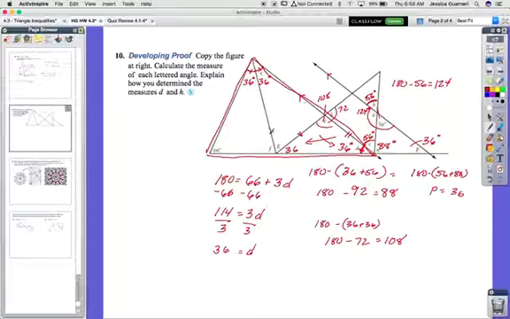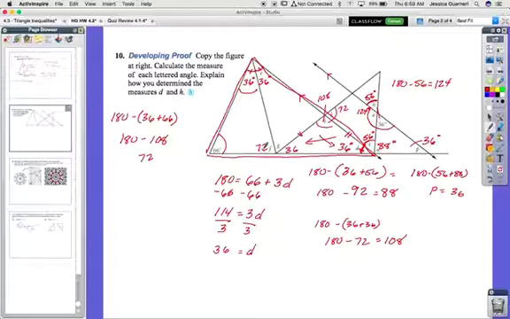Now, let's worry about this guy. Okay, so I've got a 36 here and a 66 here. So to get F, I'll do 180 minus 36 plus 66. So that's 180 minus 108. I've already done that somewhere, right? So that's 72. So F is 72.